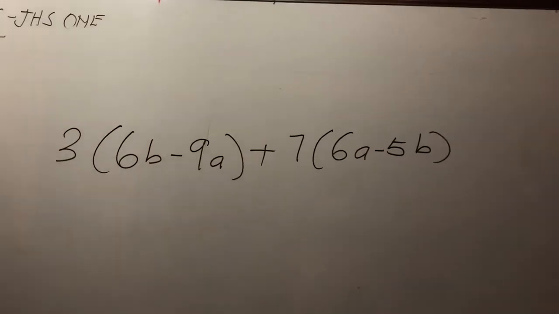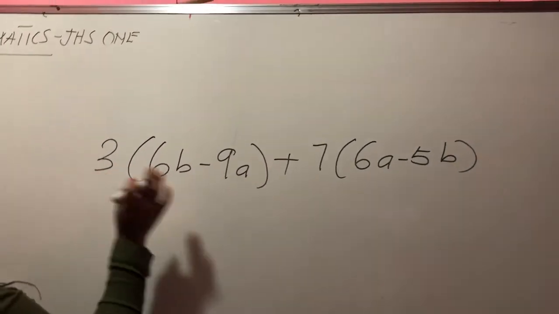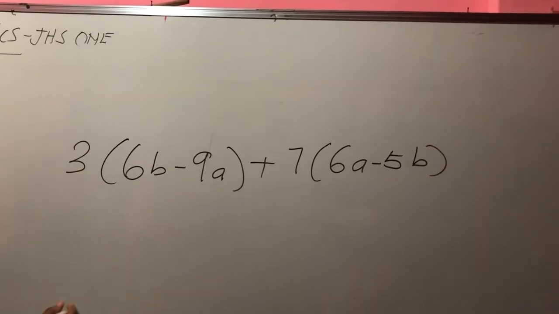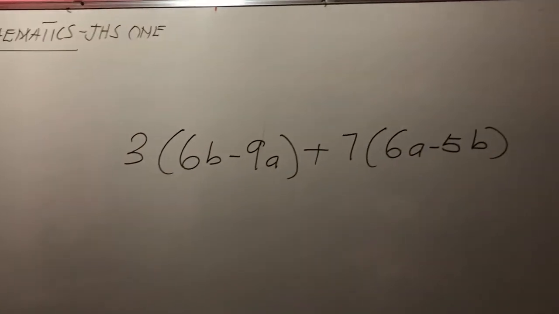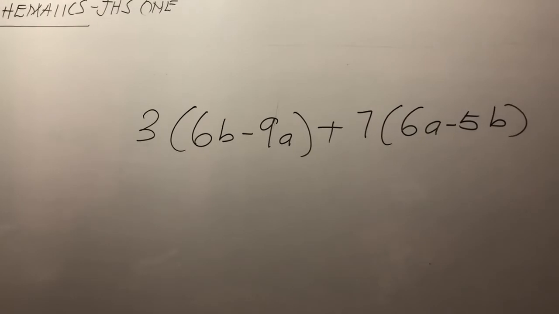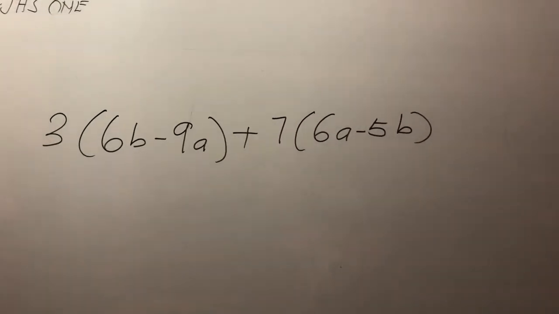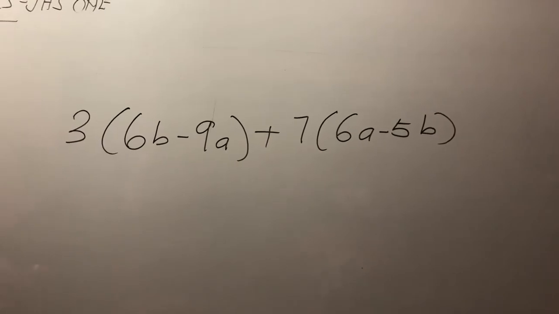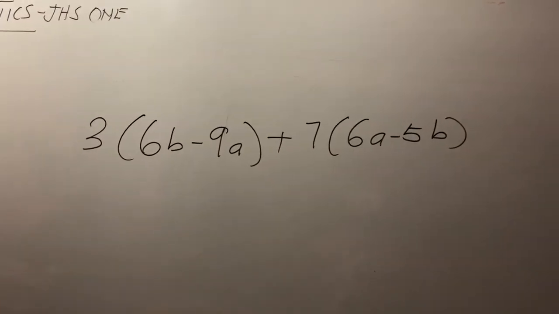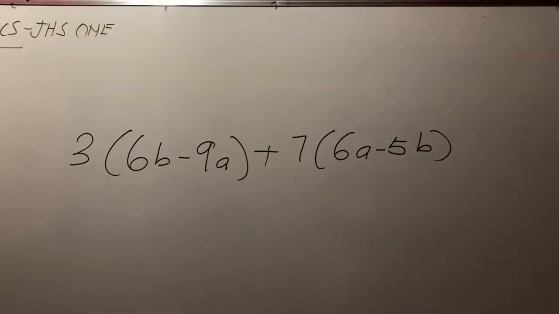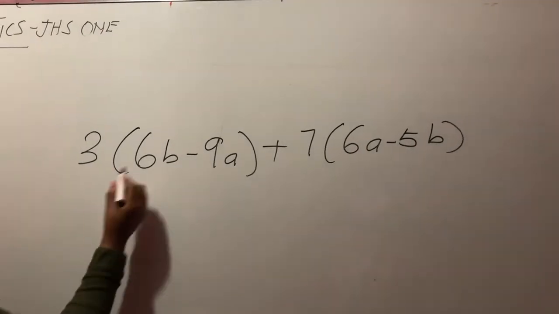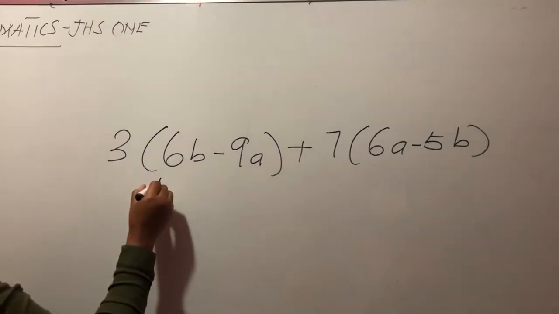You remember, right? The number in front of the bracket is opening the bracket. So, hold on, I'm coming. Okay, so we have 3 times 6 is what? 18, right?